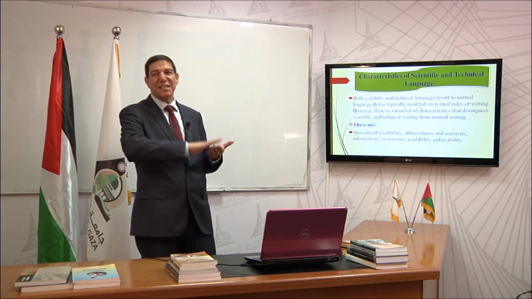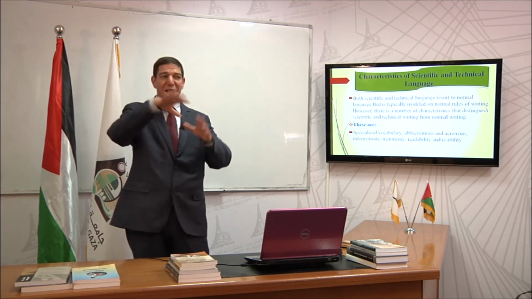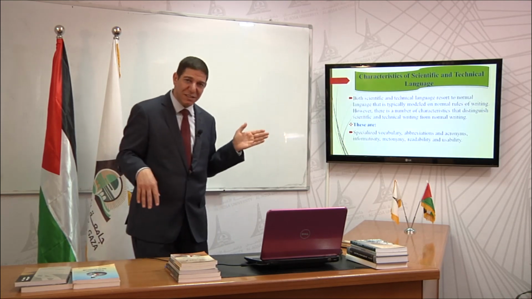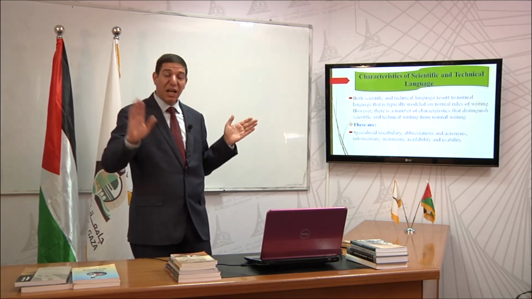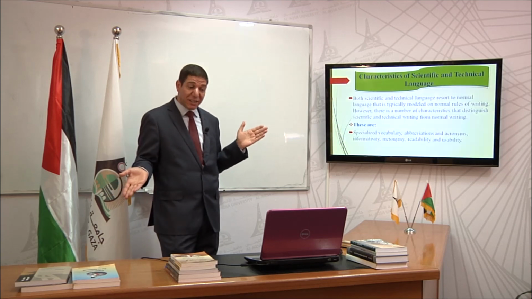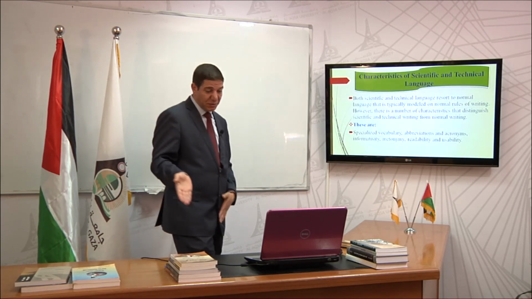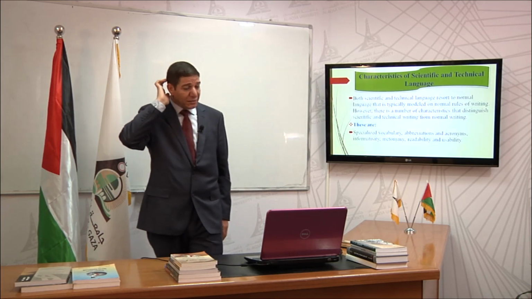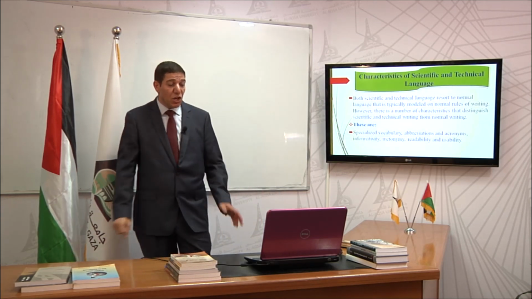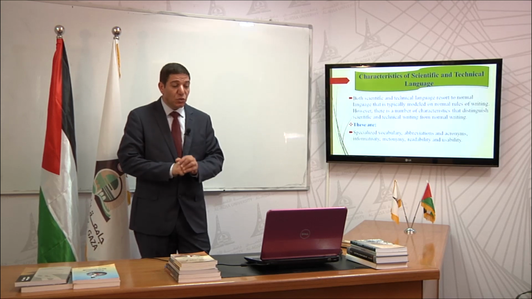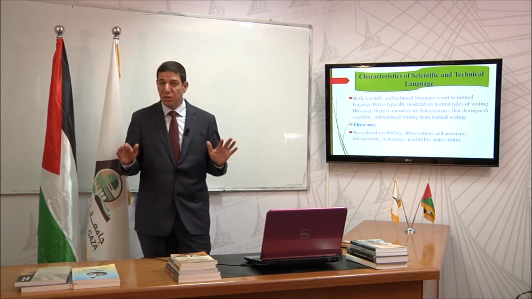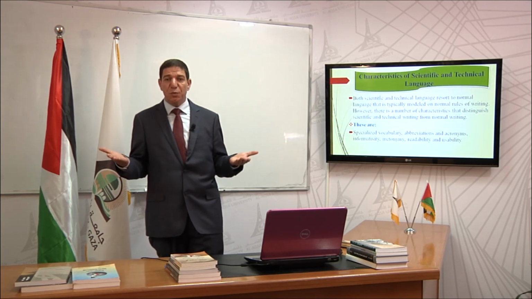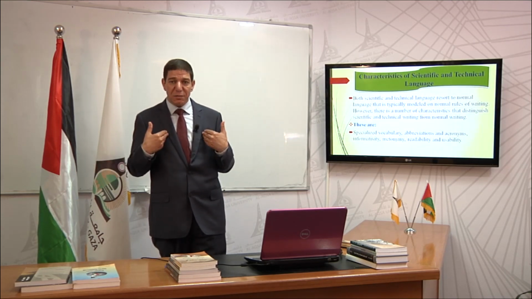In fact, technical is the tip of the iceberg in the pyramid. We start first with science, then second with technology, and both produce technical writing or technical texts. I want to mention that the characteristics of scientific and technical language both resort to normal language. Be normal. This is very important because you are addressing people who are normal and your customers are normal people.